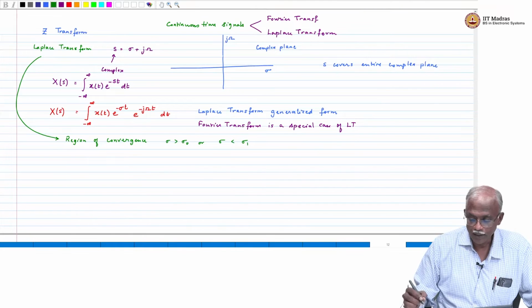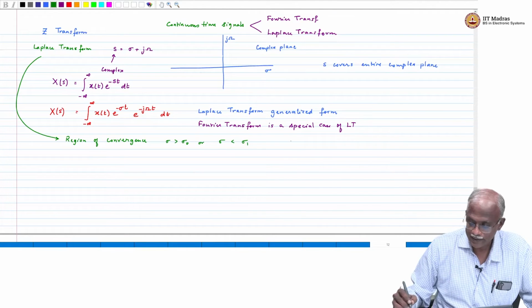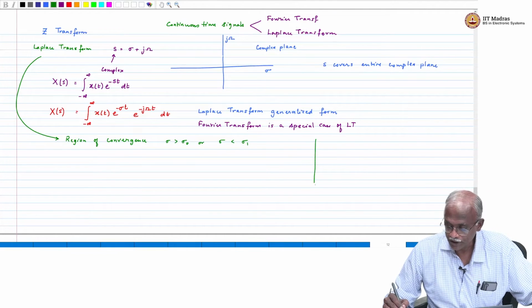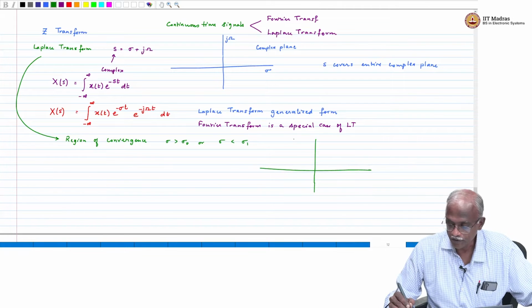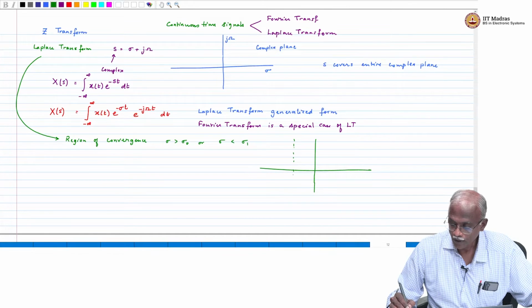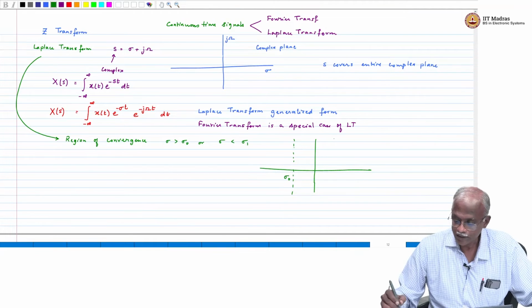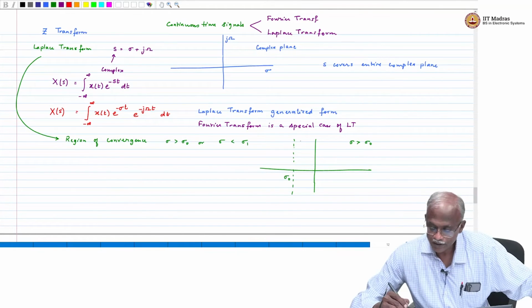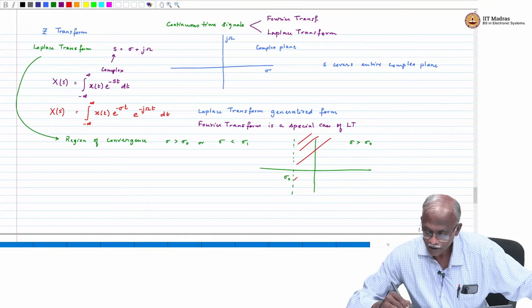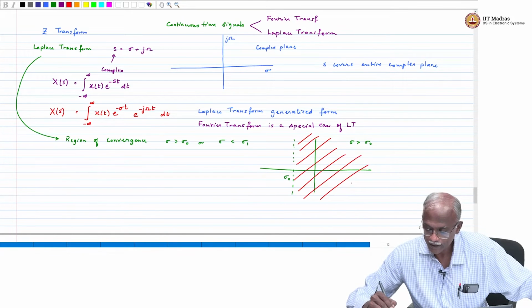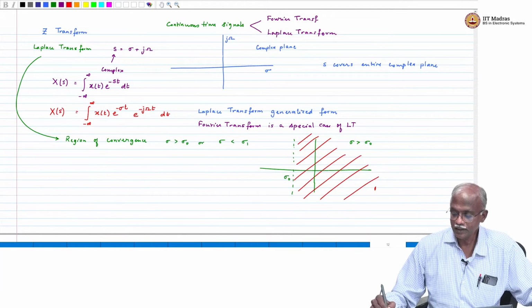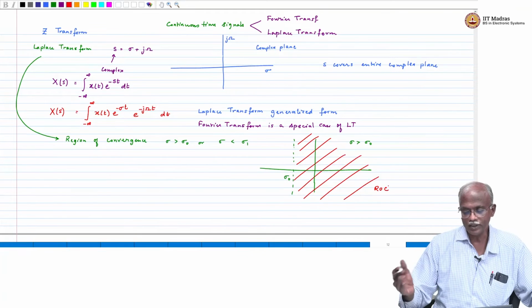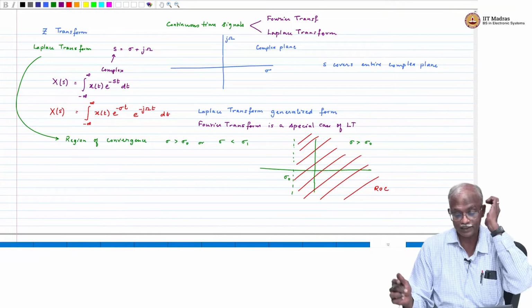Typically, there may be an example where for a function this could be the region of convergence. So, you have sigma naught here, the region of convergence is sigma greater than sigma naught, which is what is shaded in red. This is the region of convergence. You can also have it on the left hand side or right hand side.